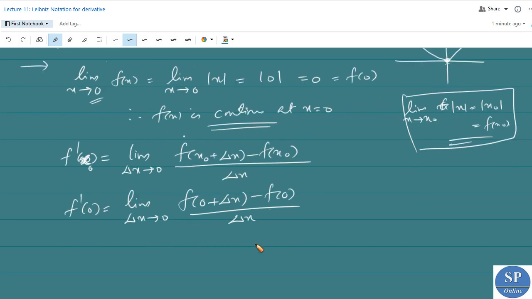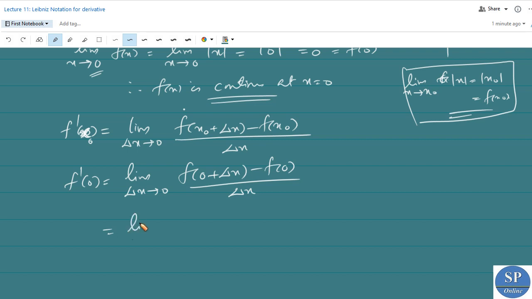We have f of x is equal to modulus of x. So f of 0 plus delta x is nothing but f of delta x, which is mod delta x, minus f of 0, which is mod 0, divided by delta x.